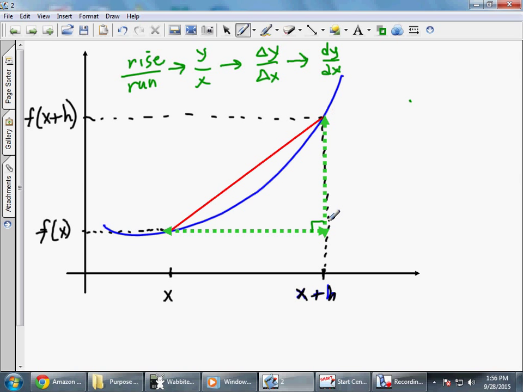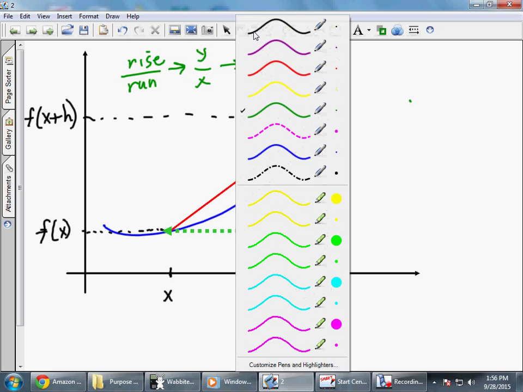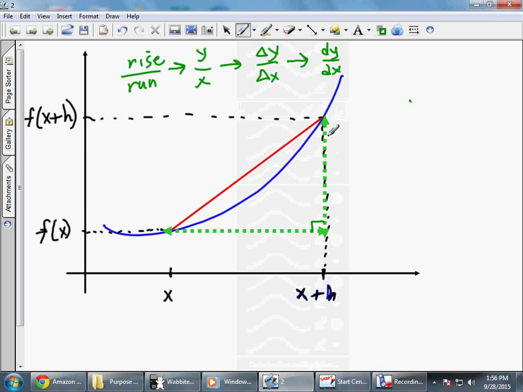No, we're way past that. Those are the happy diaper days of slope. Bailey, what do you think? Own it, Bailey. It would be f of x plus h minus f of x. Okay? And that gives us a length. We cool with that? That gives us this length right here.